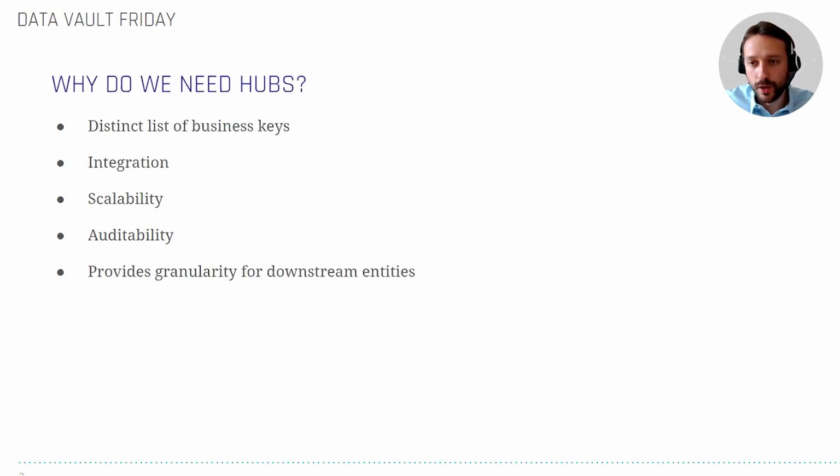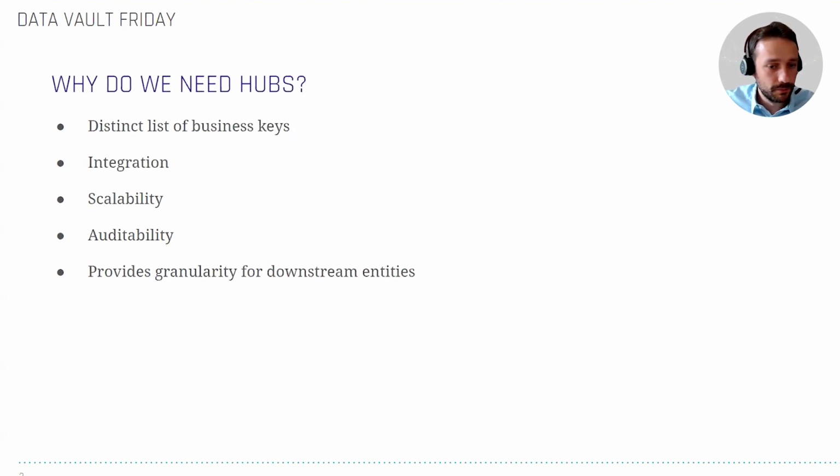One could argue that you could recreate a distinct list of business keys out of all surrounding satellites, but that's a huge effort regarding compute costs when you have 10 or even 20 satellites attached to one hub. So you need the granularity of the hubs very frequently. That's why it wouldn't make sense to get rid of the hubs, basically.